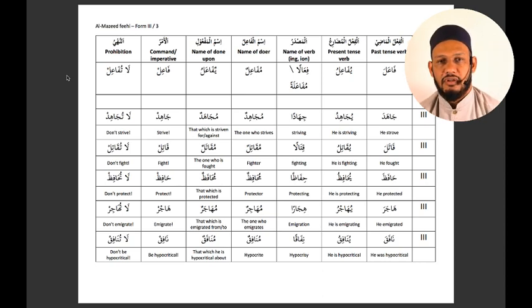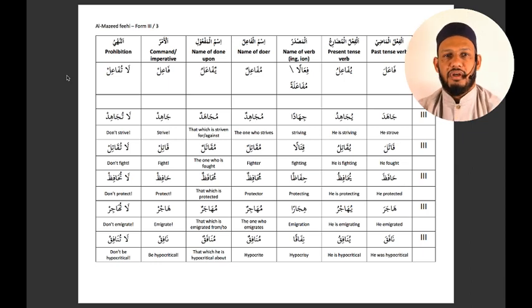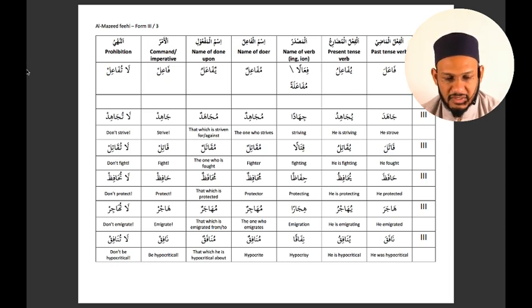Next one, هاجر يهاجر هجارا مهاجر مهاجر هاجر لا تهاجر. So mistake there, it should be هاجر. Next one, نافق ينافق نفاقا منافق منافق نافق لا تنافق.